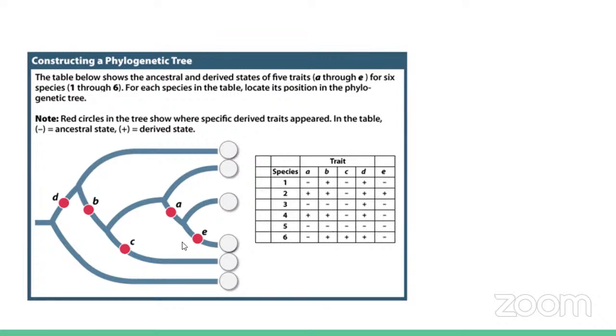Down at the bottom, we can see that species number 5 just has that ancestral trait, that minus for everything. So it hasn't collected any of these derived mutations. We just have it branching off. It is as it is, at least with respect to these mutations. So that's number 5.